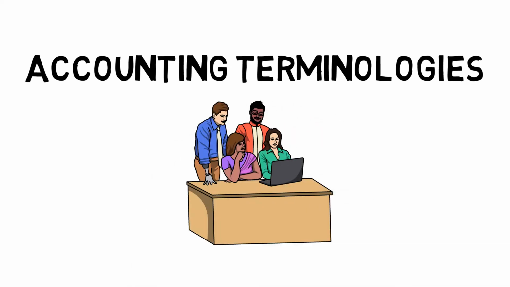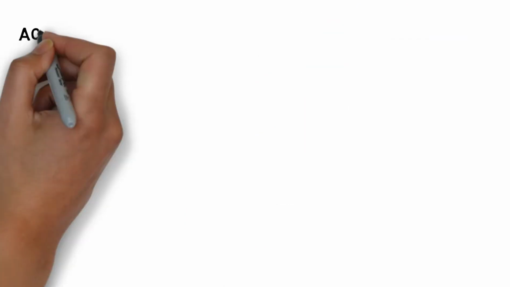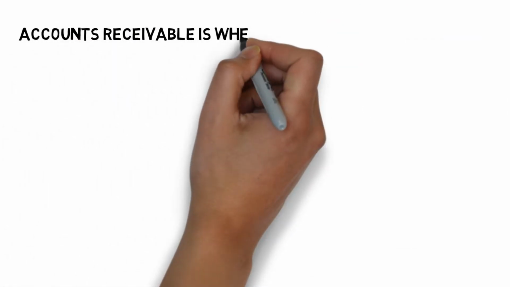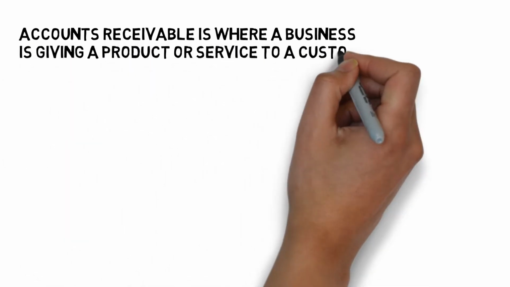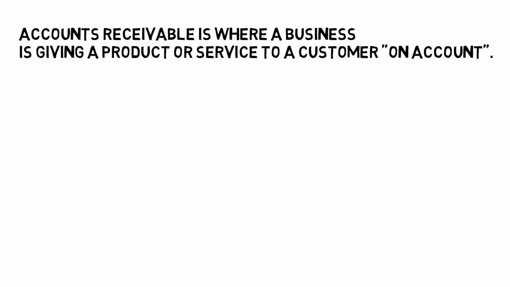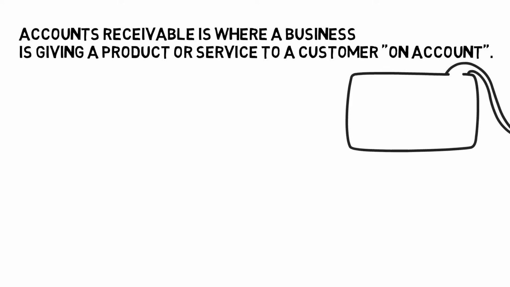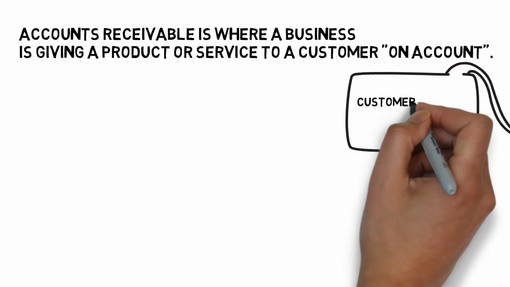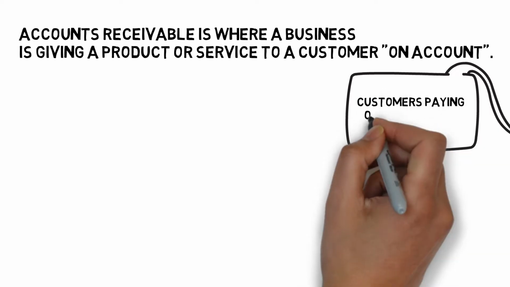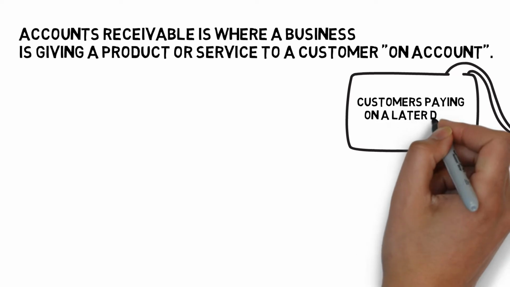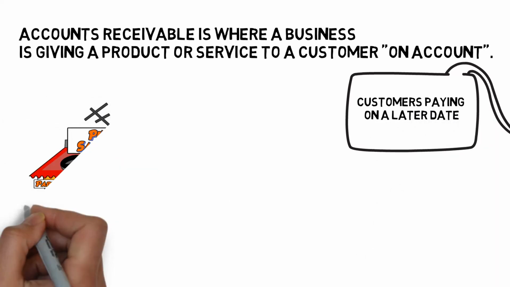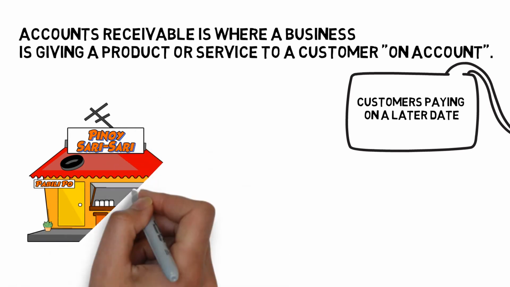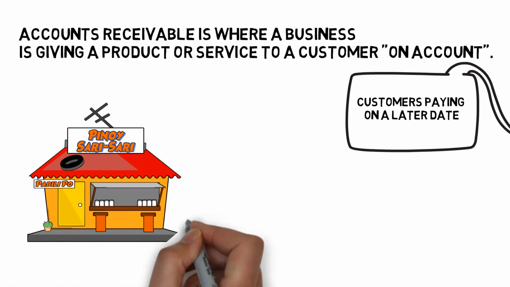The first accounting term is accounts receivable. It is where a business is giving a product or service to a customer on account. When you say on account, it means that the customer is going to pay for a product or service at a later date. For example, Juan owns a sari-sari store in his barangay.